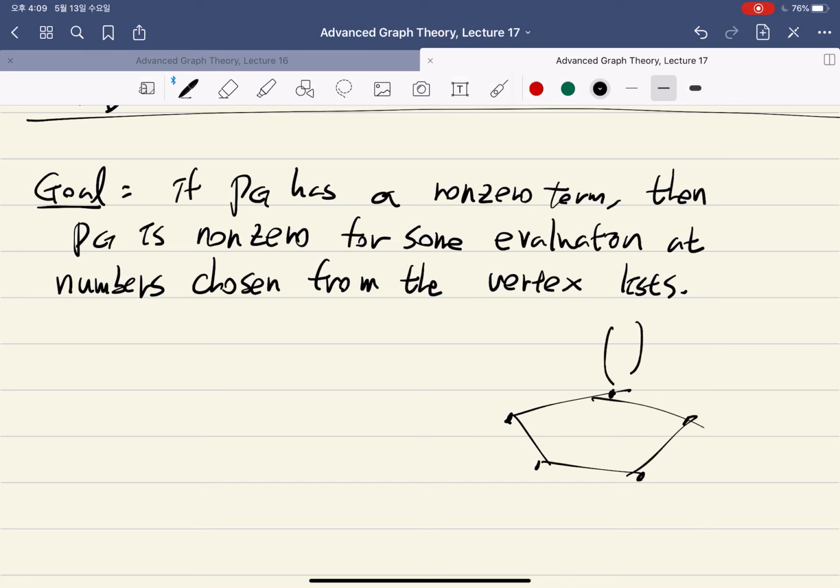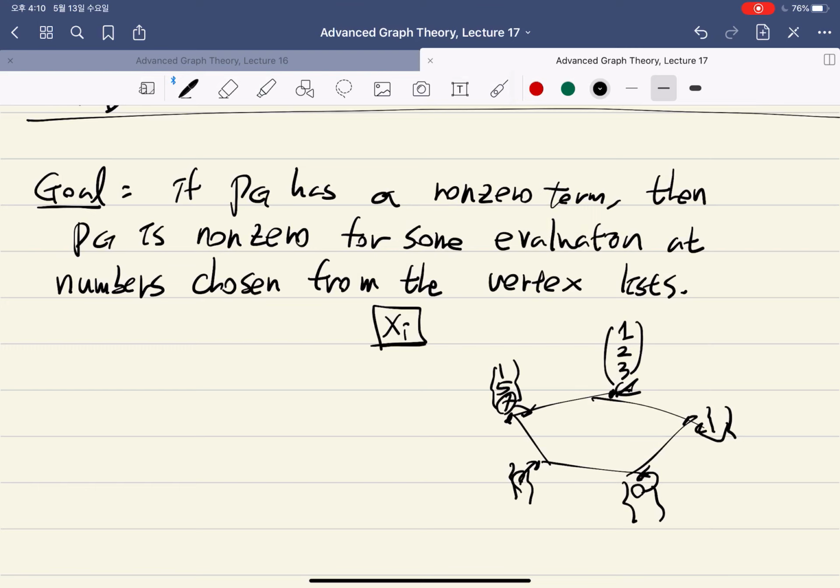So each vertex, we have a list. So 1, 2, 3. So here 1, 5, 7. So some numbers are available here. And then what we want is once you assign this color to each vertex, then that's the same as assigning this value to the variable which corresponds to the vertex.